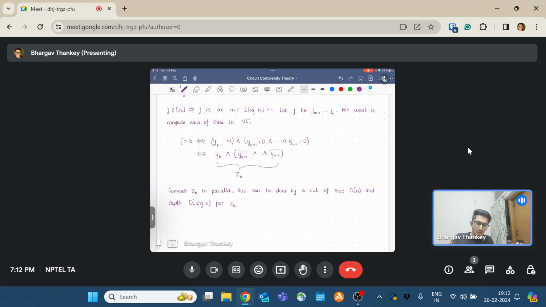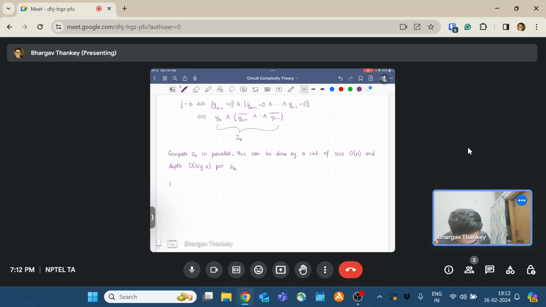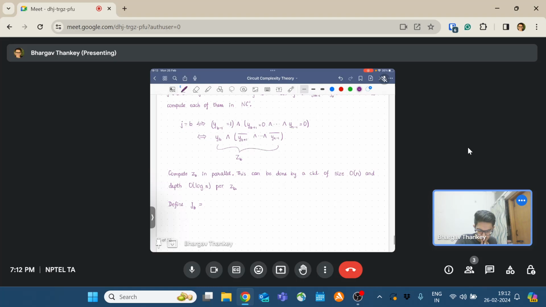Okay, so now we have all the Z_Bs, and from that we want to compute the bits of j, right? So here's one way to do it. Let me define J_B to be the... wait, wrong. Wait, is it AND? Yeah, I think it's OR.